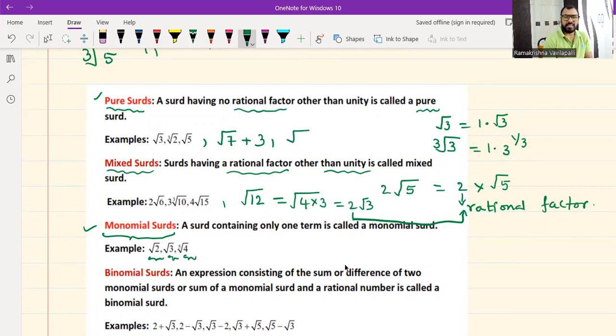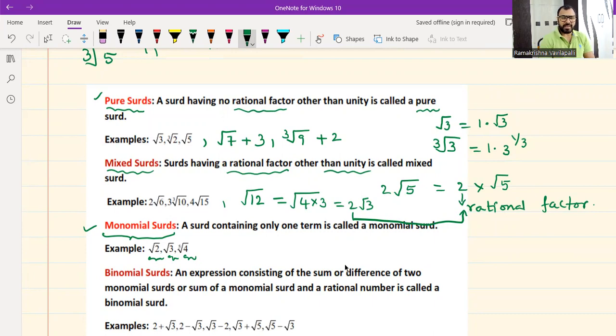Or I can write cube root of 9 plus 2. It also has no rational factor other than 1. So the difference between pure surds and monomial surds is that a monomial surd must have only one surd.